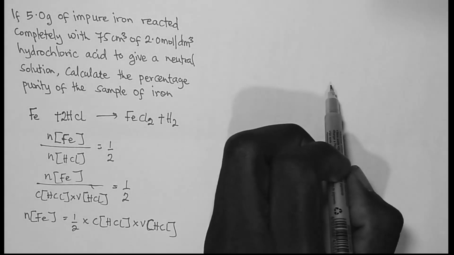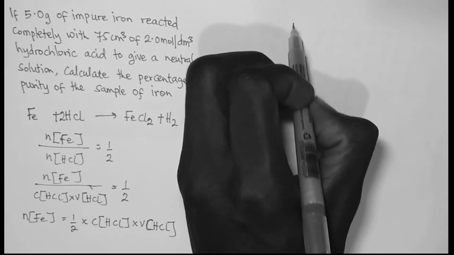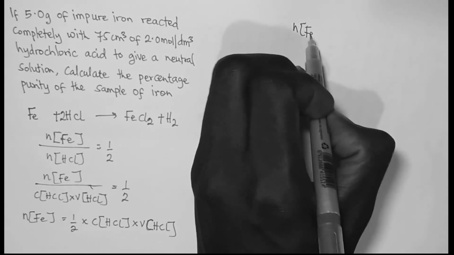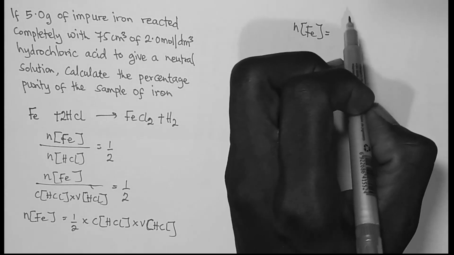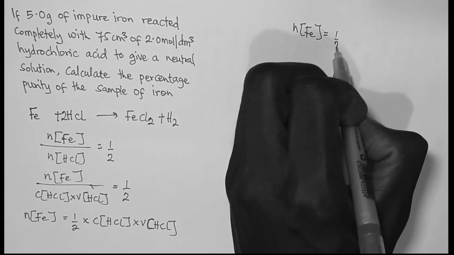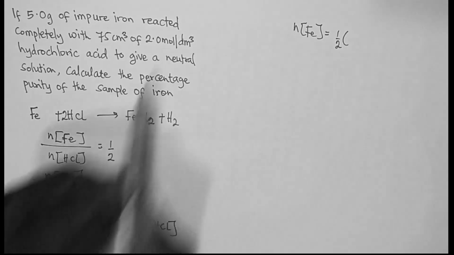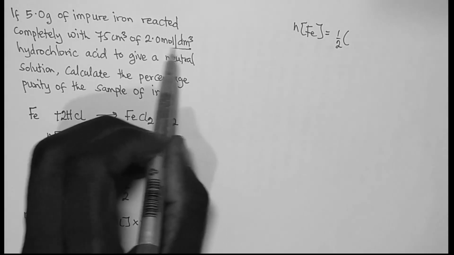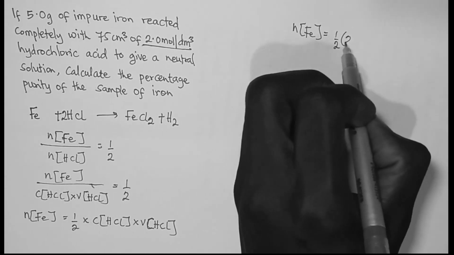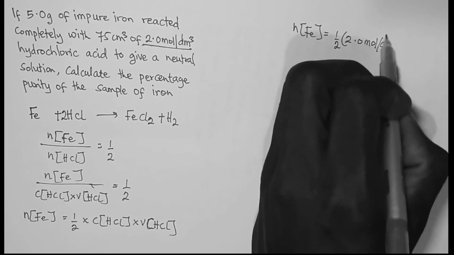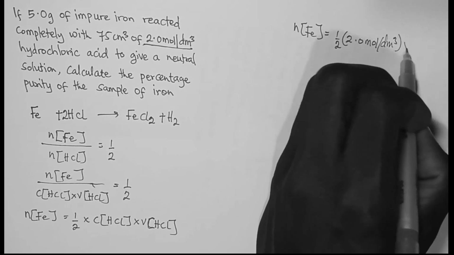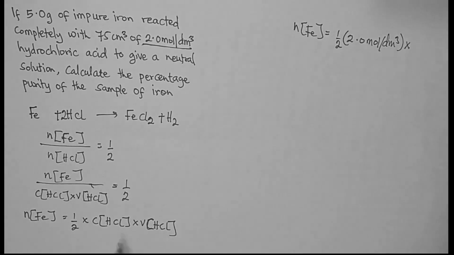So continuing from here, number of moles of the pure iron sample is equal to 1/2, times the concentration of the hydrochloric acid, which was given as 2.0 mol/dm³, and then times the volume.